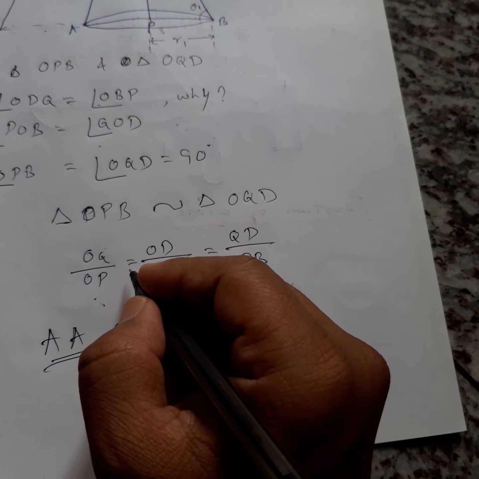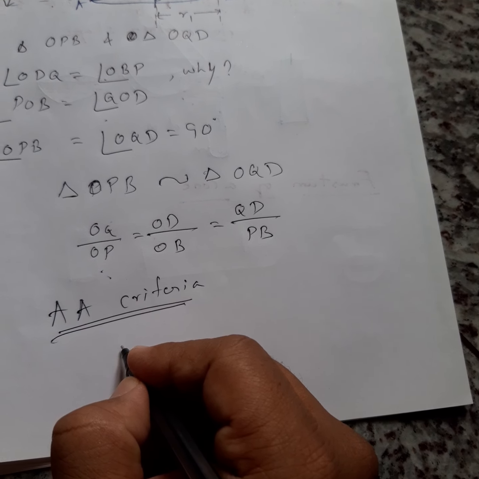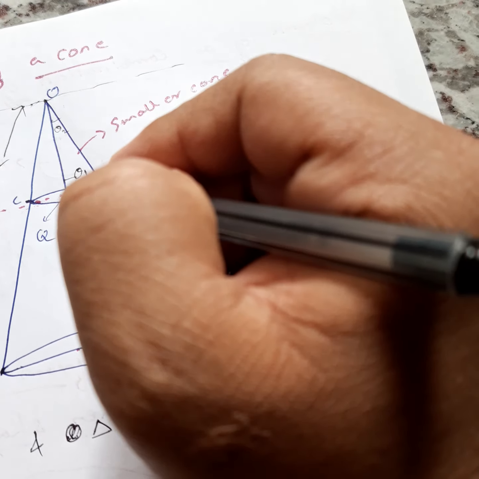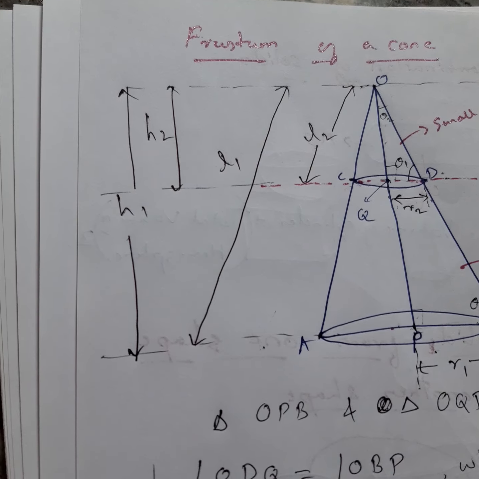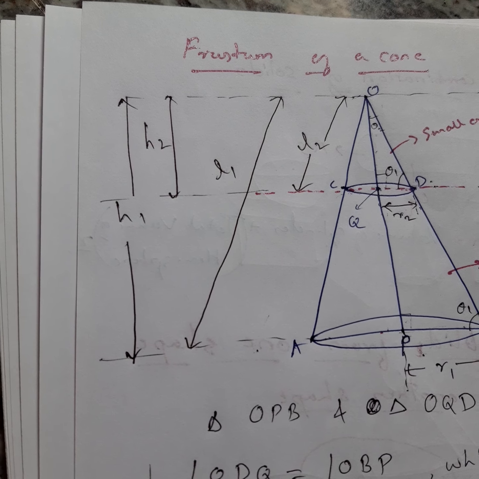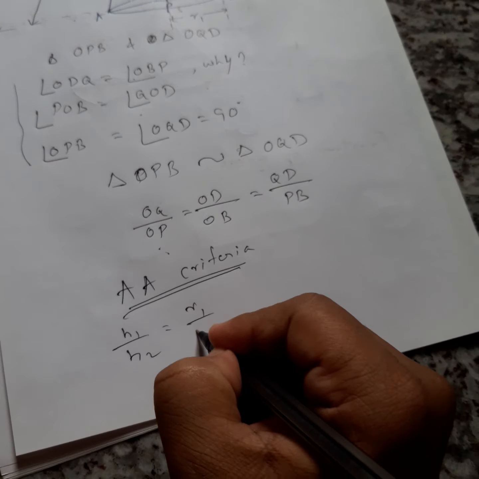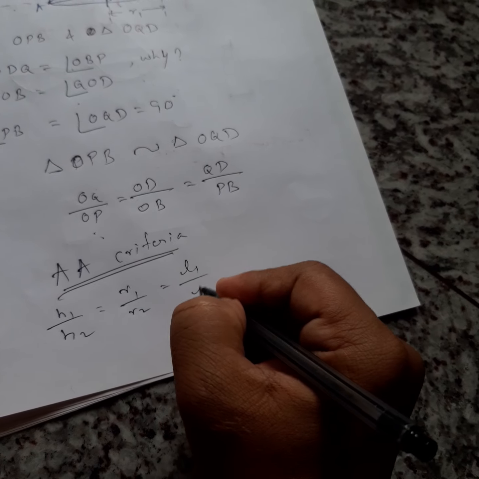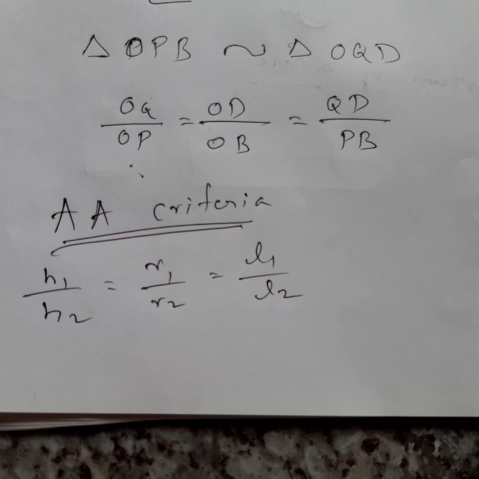So from the diagram, H1 by H2 is equal to R1 by R2, equal to L1 by L2. So the ratios of these sides will be the same.